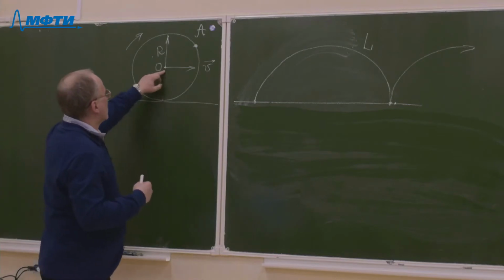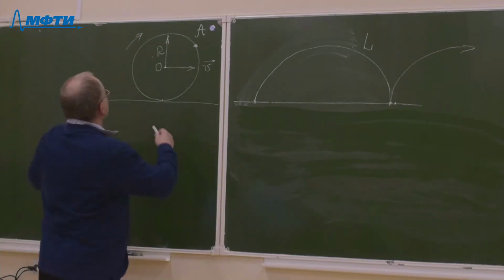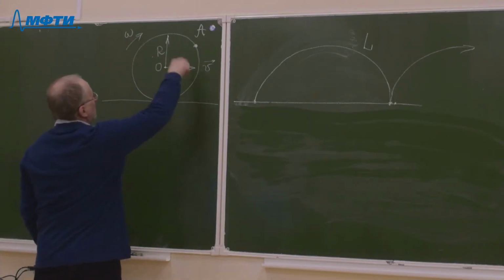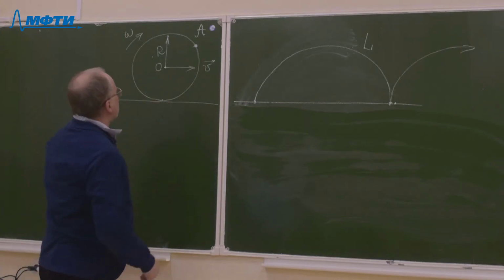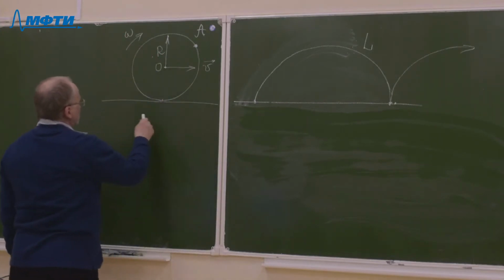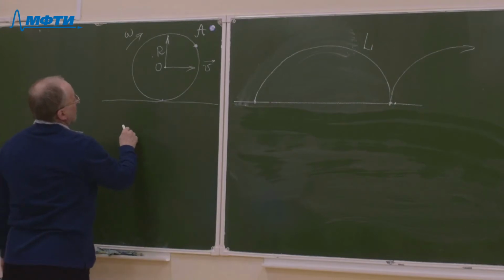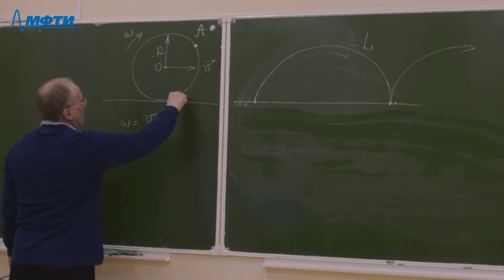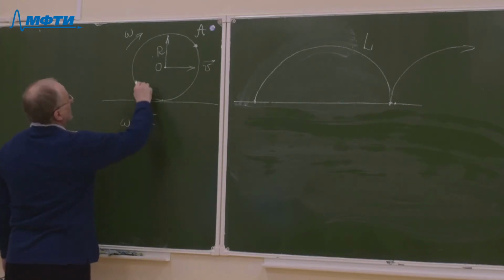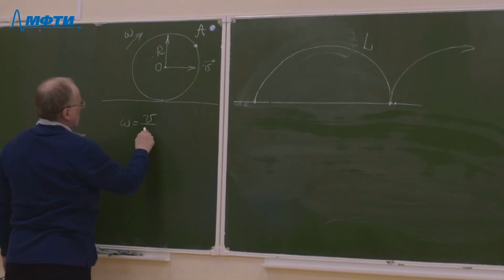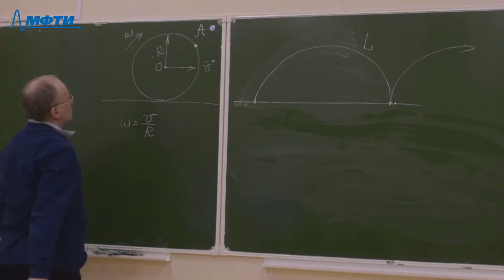In this reference frame, the wheel just rotates with some angular velocity, and the angular velocity can easily be obtained from its definition. It will be the velocity of any point of the rim of the circle divided by r.